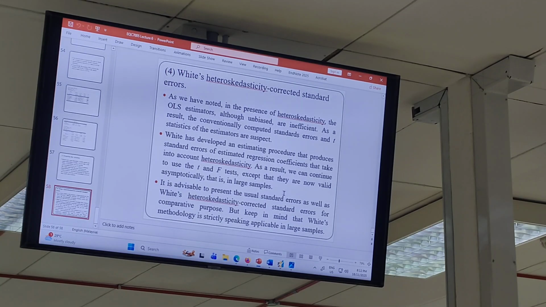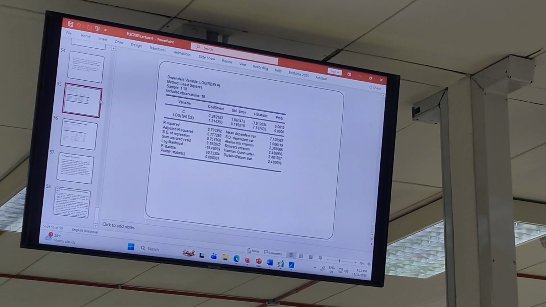You have to remember, if you want to use this, one requirement is that the size of the sample must be large. There is no clear guide on what the required sample size is. But for a small sample, you should not use this. I said just now we have an example with 18 observations.